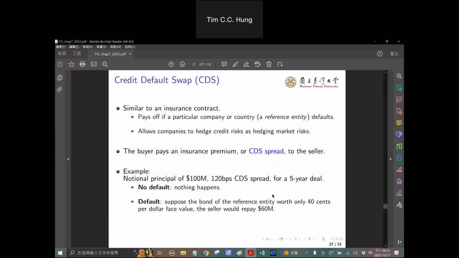It's more like insurance. The reason people say it's like insurance is because usually one side is betting against some financial institutions, and the side that buys the CDS from a financial institution is going to pay.